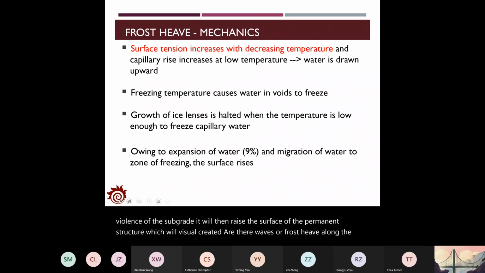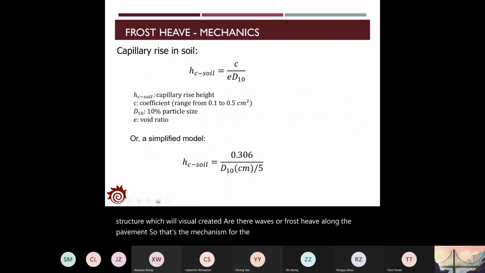So that's the mechanism for the frost heave. And as I just mentioned, the capillary rising effect, the capillary movement of the water, is very important for the effect of the frost heave.